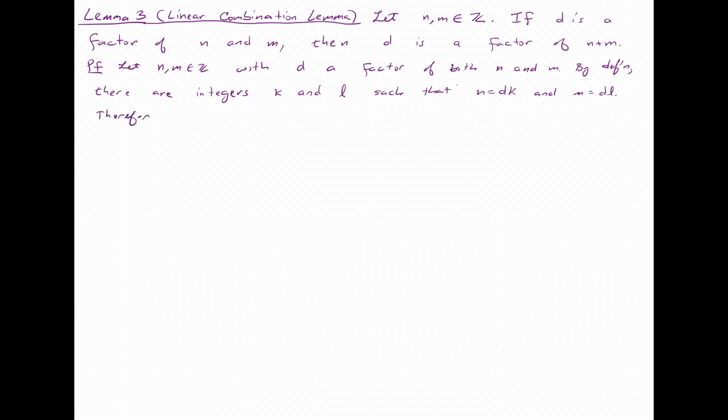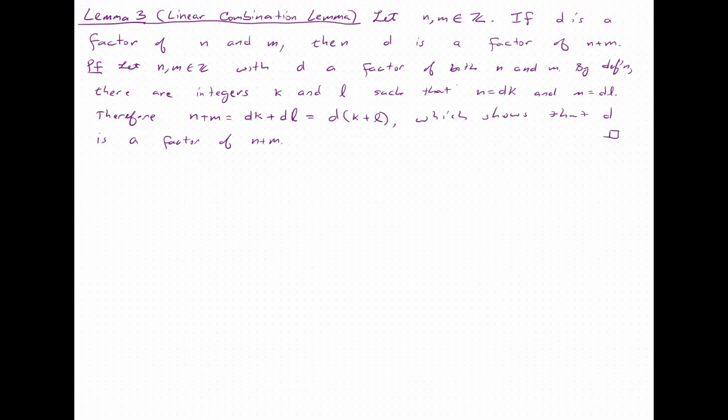Therefore, n plus m is equal to d times k plus d times l, and we can factor out a d, and so this is equal to d times parentheses k plus l. And so this shows that d is a factor of n plus m. And so we're done.